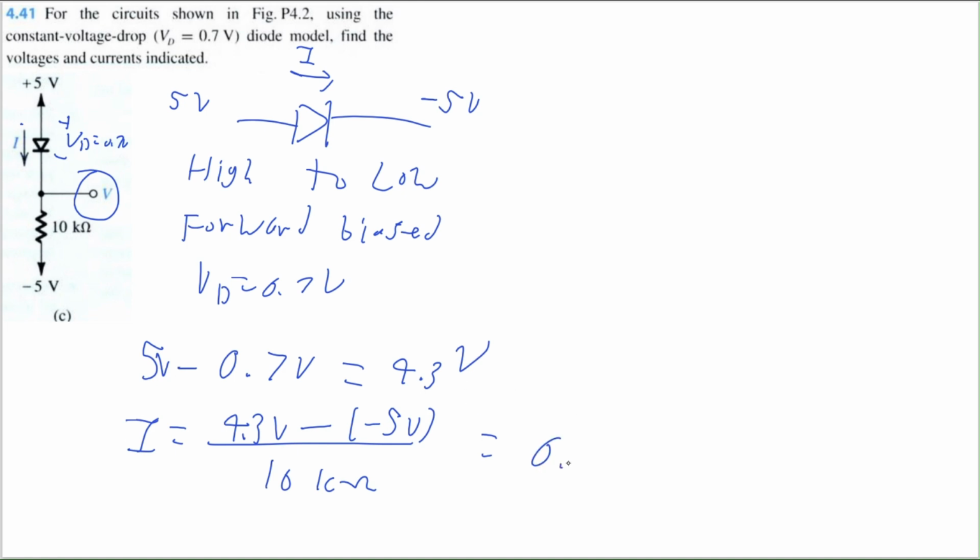And that is equal to 0.93 milliamps, just like part A. Again, because the current starts at the diode, we begin our calculation at the diode, where the voltage drop has already occurred, which is why we start at 4.3 volts. All right, time for the last circuit.